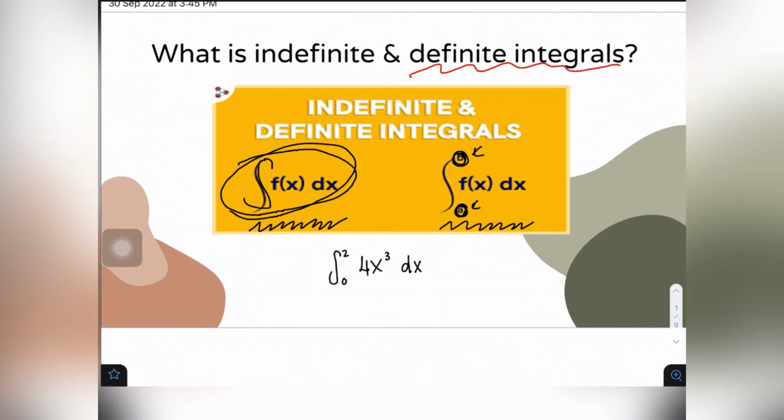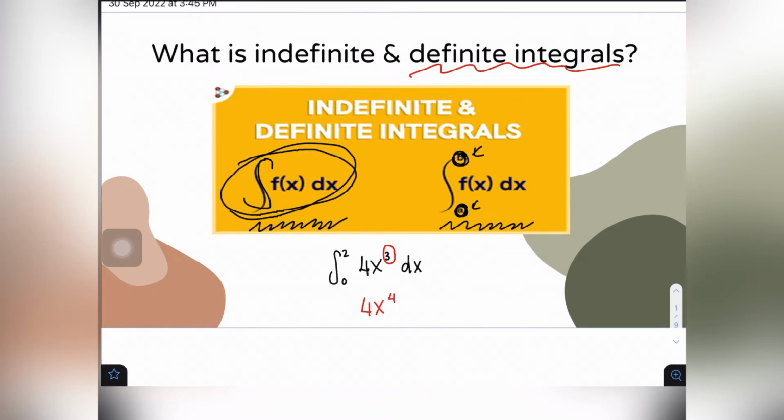It will be the same as the previous process of integration. You need to integrate your equation first, so integrate 4x to the power of 3. What do you need to do? Two steps. The first step is the power needs to be plus 1, so it will be 4x to the power of 4.